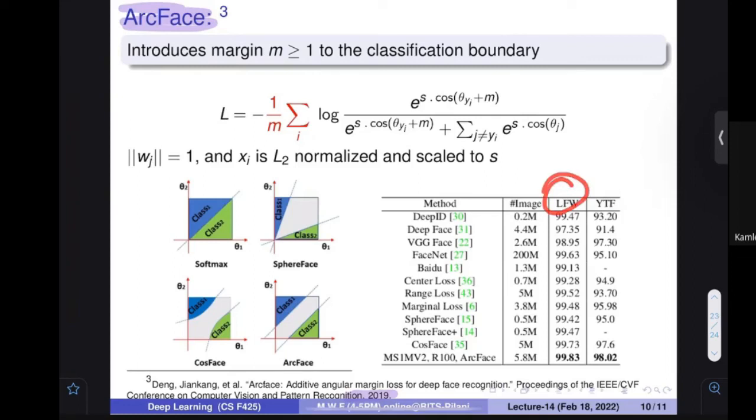LFW is much more challenging, because for many years people were trying to get the answer on the LFW database. On this database, the ArcFace paper was able to achieve 99.83% accuracy, and on the YTF database, 98.02% accuracy.